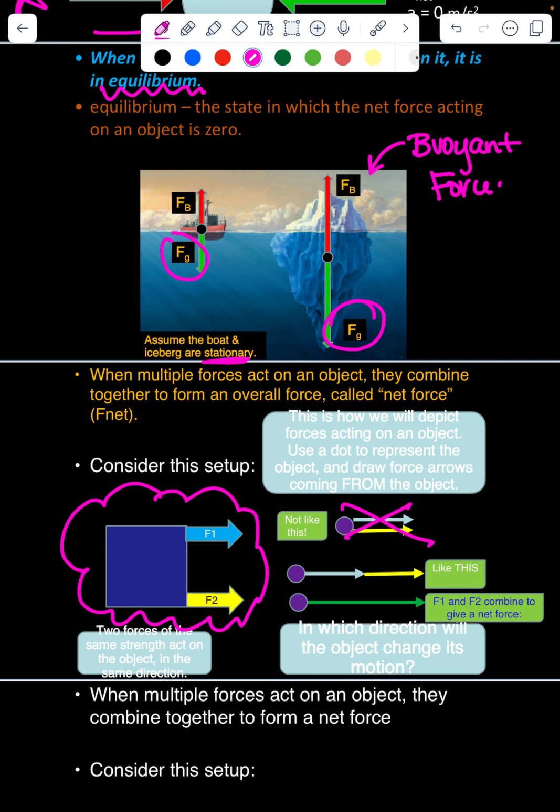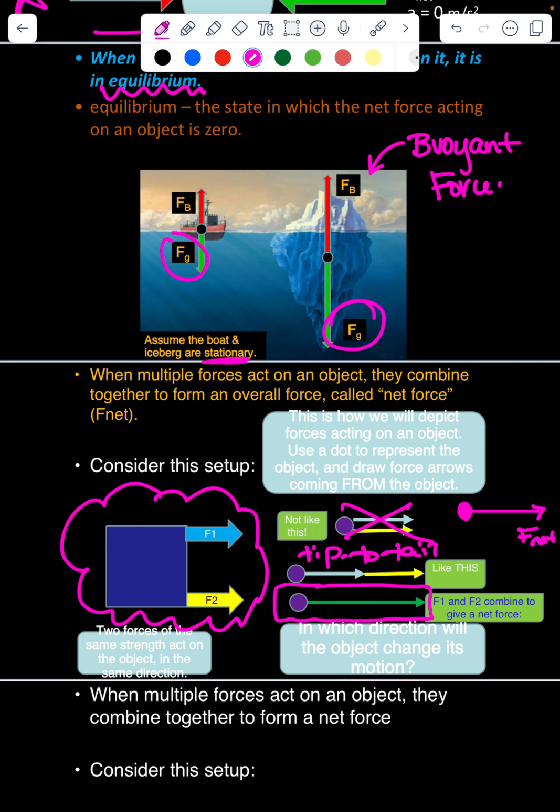We have to go back to whenever we were adding vectors together, and we have to use the tip to tail rule. So we add these tip to tail, and so we get our resultant force or our net force by doing that. We add them together. So our free body diagram would look like this. That would be our net force.